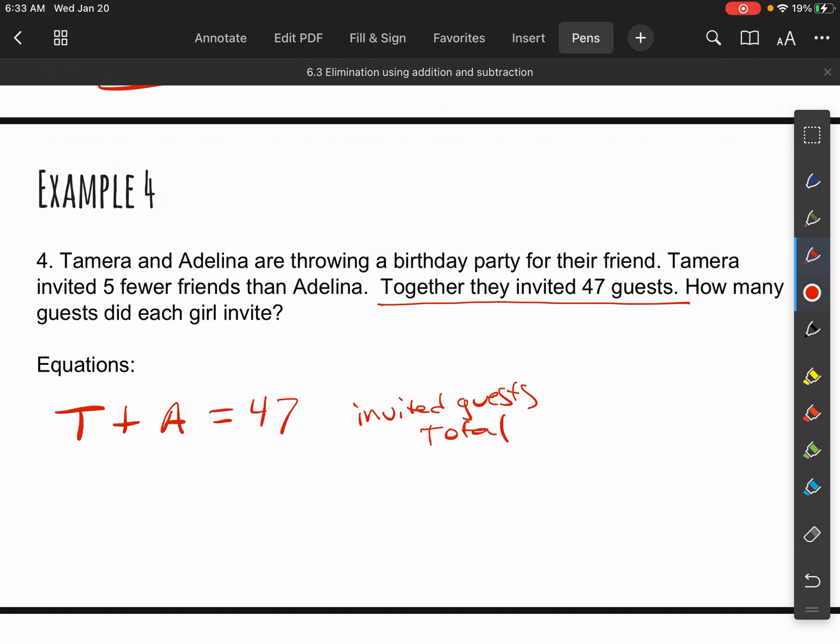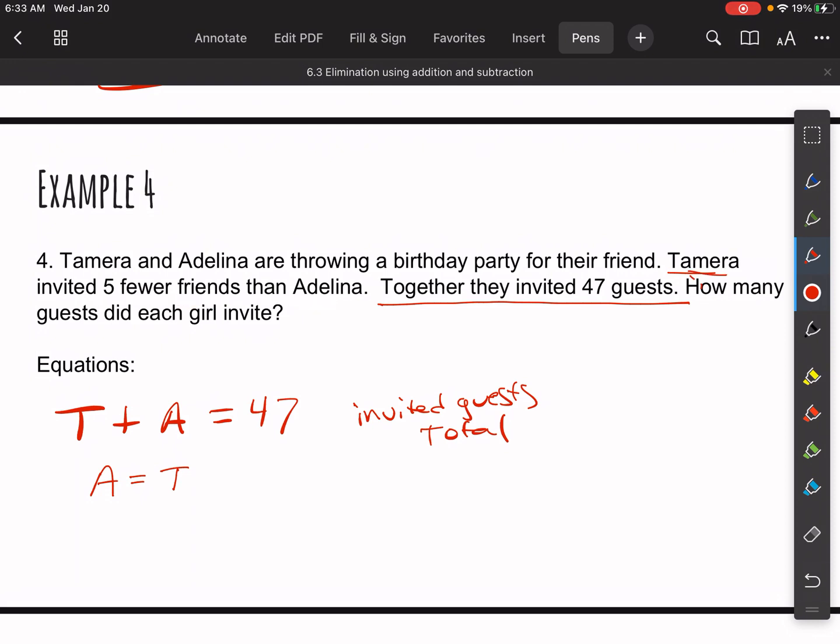So it says Tamara, T, invited 5 fewer friends than Adelina.